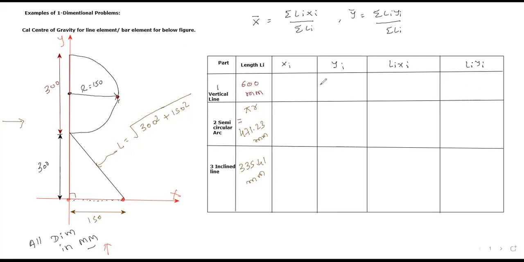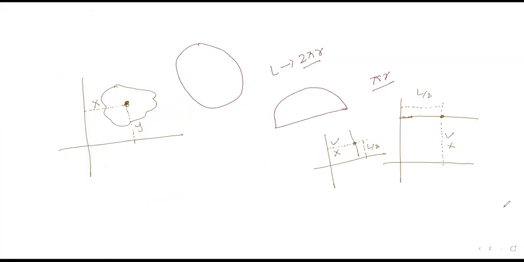Yes, please give me the value, x equal to and y equal to, and both values are wrong. Looks like you are wrong. Please think and give me the answer. First understand this concept, and after that give me the answer. What did I say? If your line is in y direction, you will get the y distance from the equation.